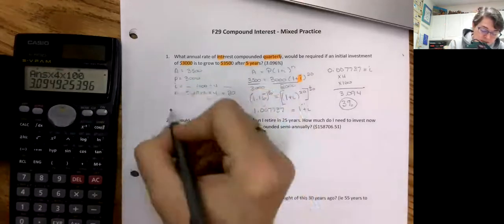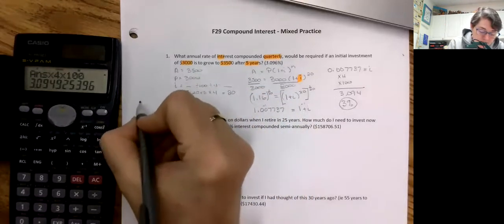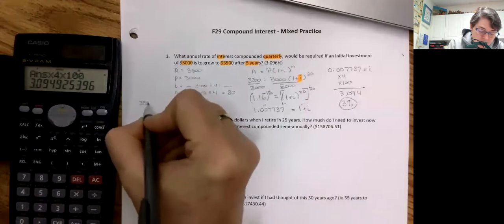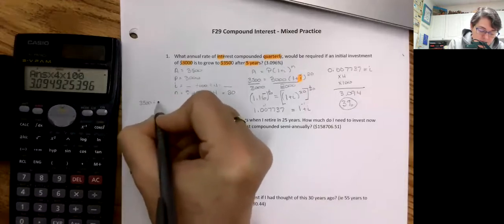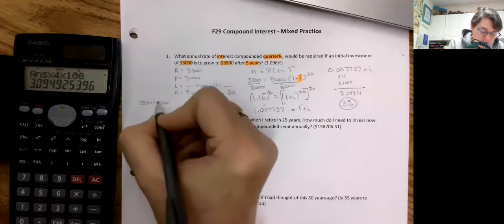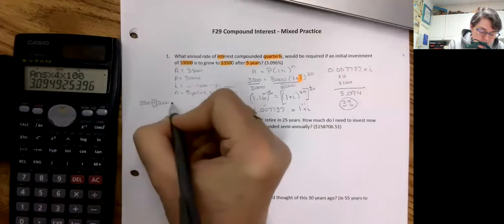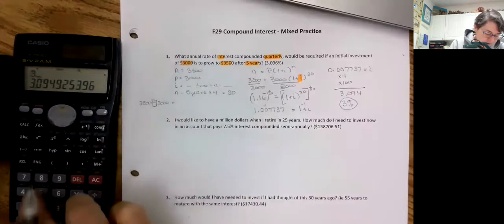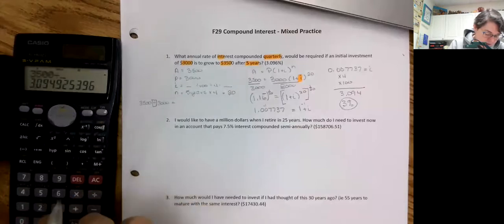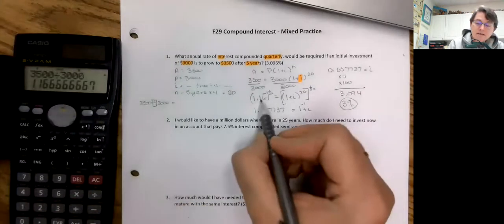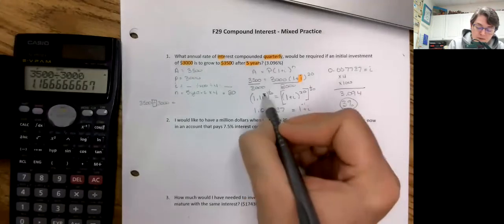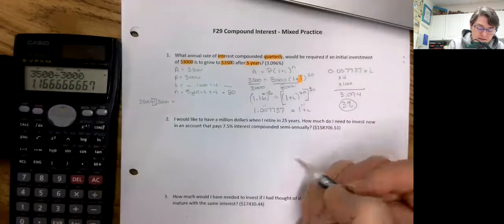So what I did, I'm going to write it over here. I went 3,500 divided by 3,000. Put a box around that, and then I hit equals. Let's do it again. 3,500 divided by 3,000, and that gave me this number. Remember that bar, that's just showing the repeating 6.